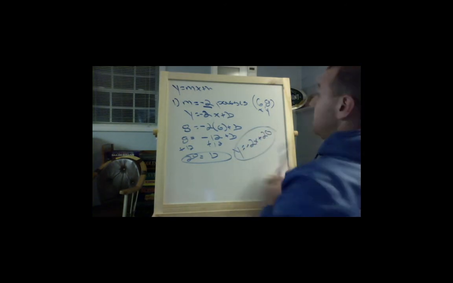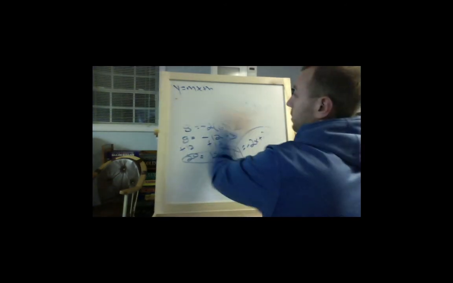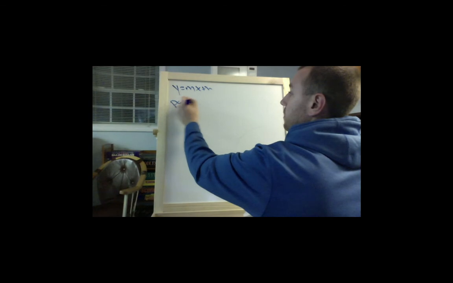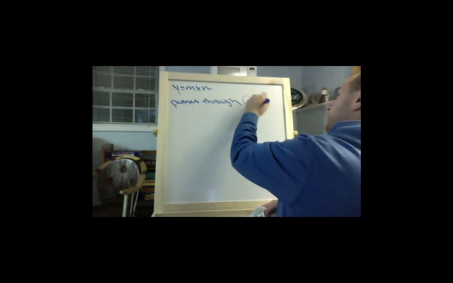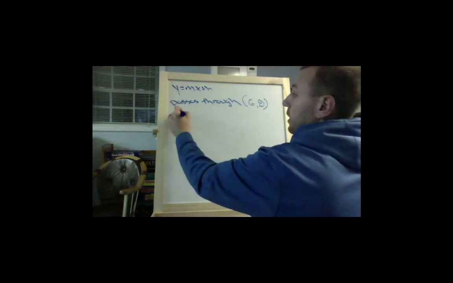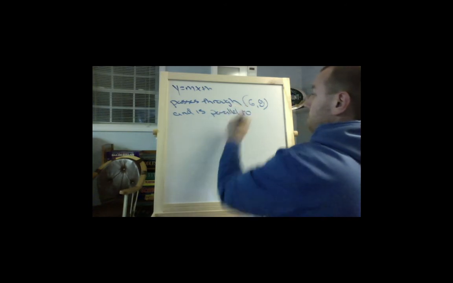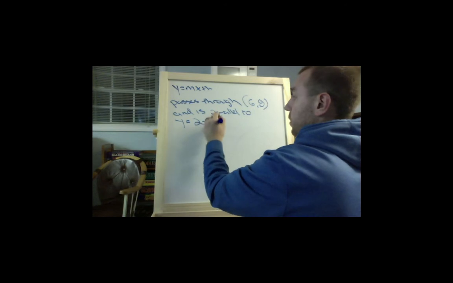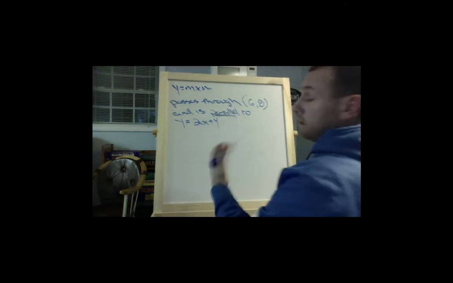And then I ask you other problems, like: passes through 6, 8 still, and is parallel to y equals 2x plus 4. All I do is, parallel means it's the same slope.